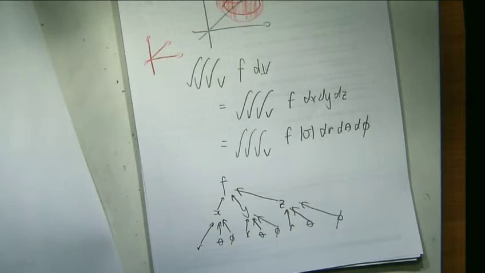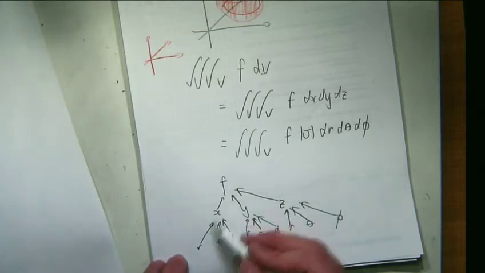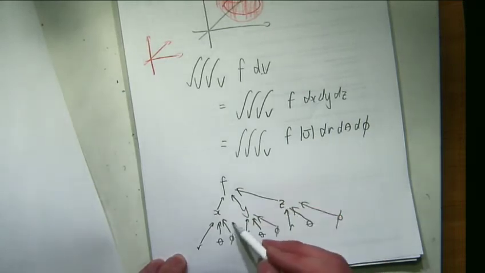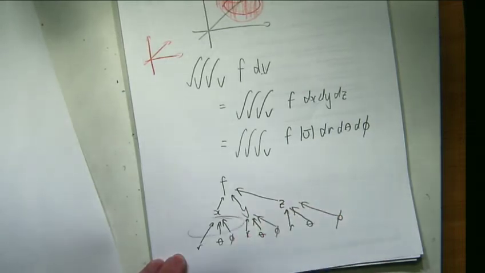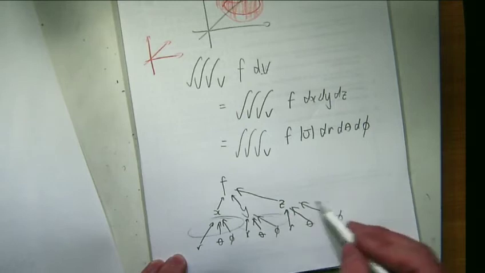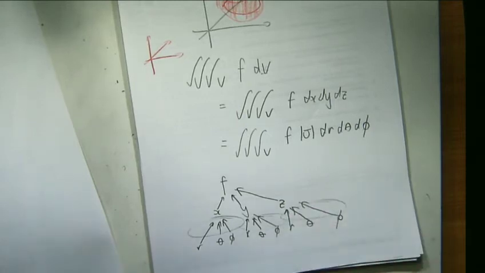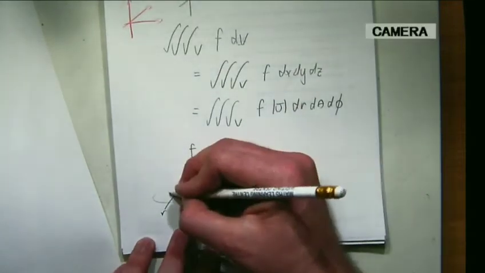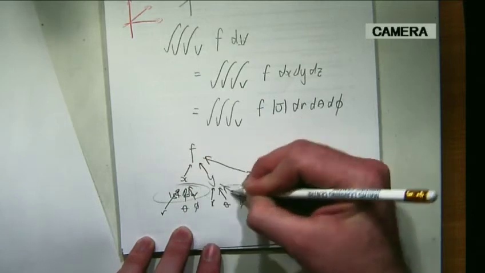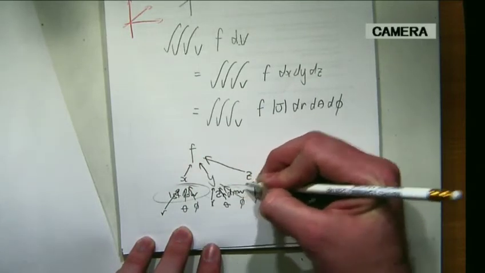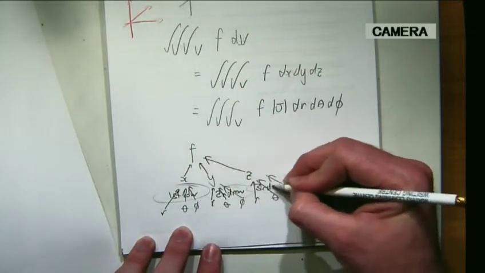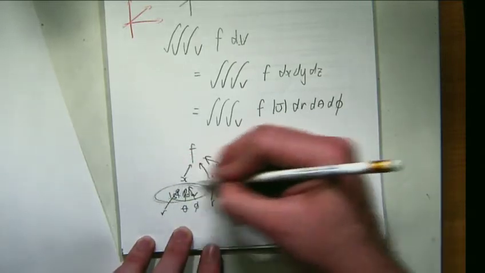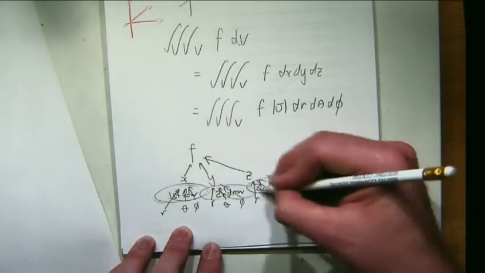And your Jacobian, these derivatives, dx on dr, dx on d theta, dx on d phi, that's the first row of your Jacobian, and that's the second row of your Jacobian, and that's the third row of your Jacobian. So those derivatives become the rows of your Jacobian. I just needed a way of remembering it.